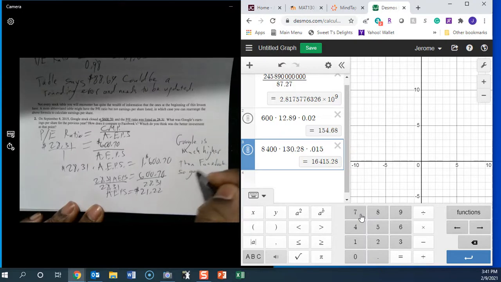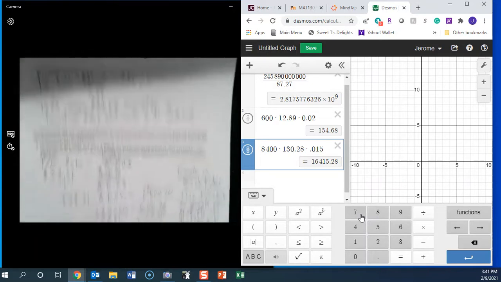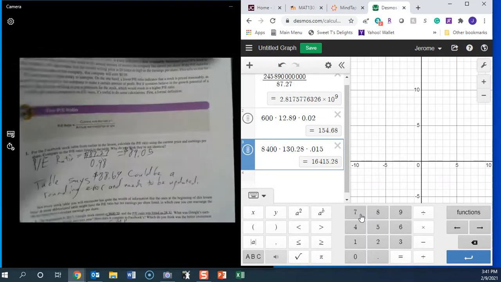So Google is probably the better buy. All right.